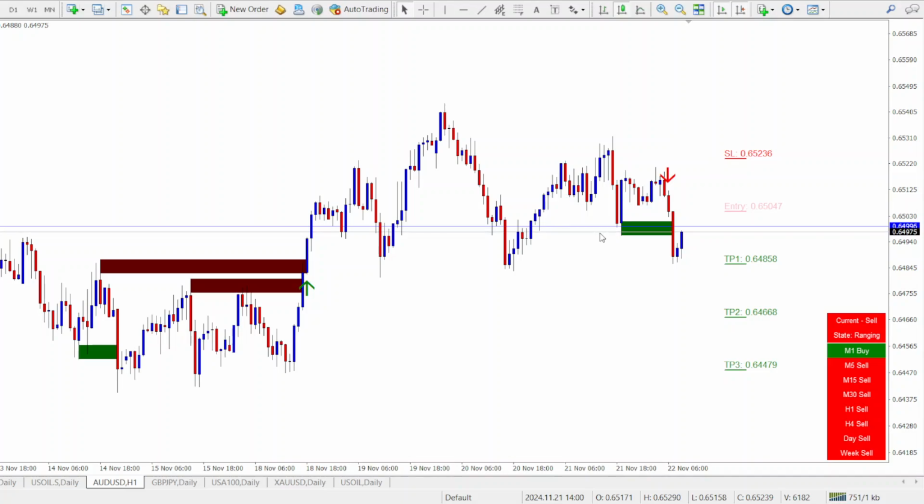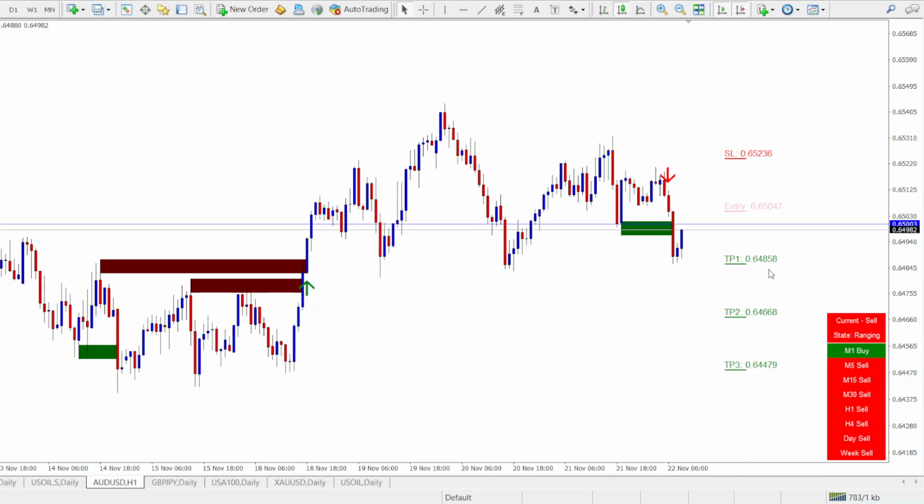Now, in as much as this indicator does the big job for you and tells you when to buy and when to sell, where to set your stop loss and where to set your take profit, it's still important for you to confirm signals.